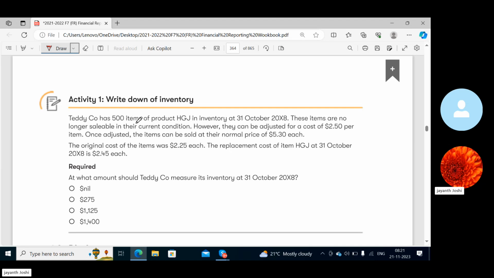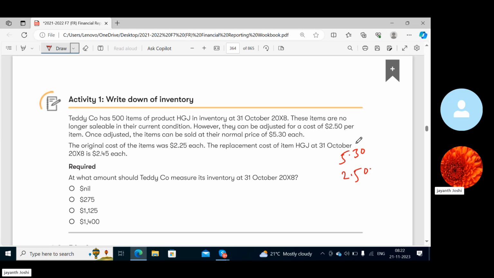So Teddy company has 500 items of product HGJ in inventory. These items are no longer saleable in their current condition. However, they can be adjusted at a cost of 2.50. So 2.50 is your cost. And once adjusted, the item can be sold at 5.30. This is your selling price.